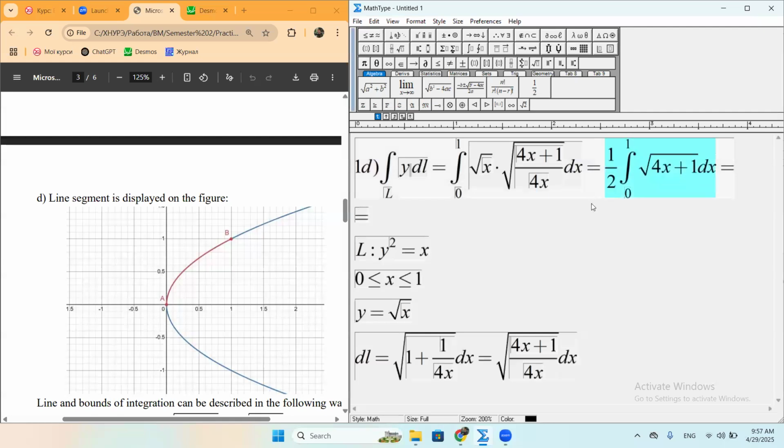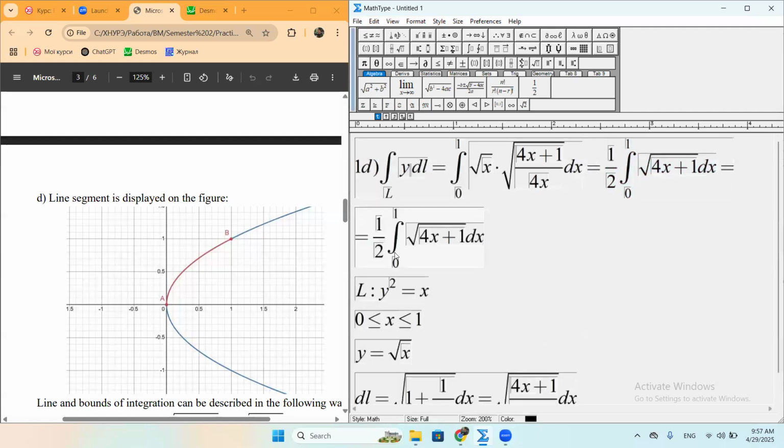Let's calculate it using the differential entry technique. So we have 1 over 8, and I move 4x plus 1 under the differential sign.